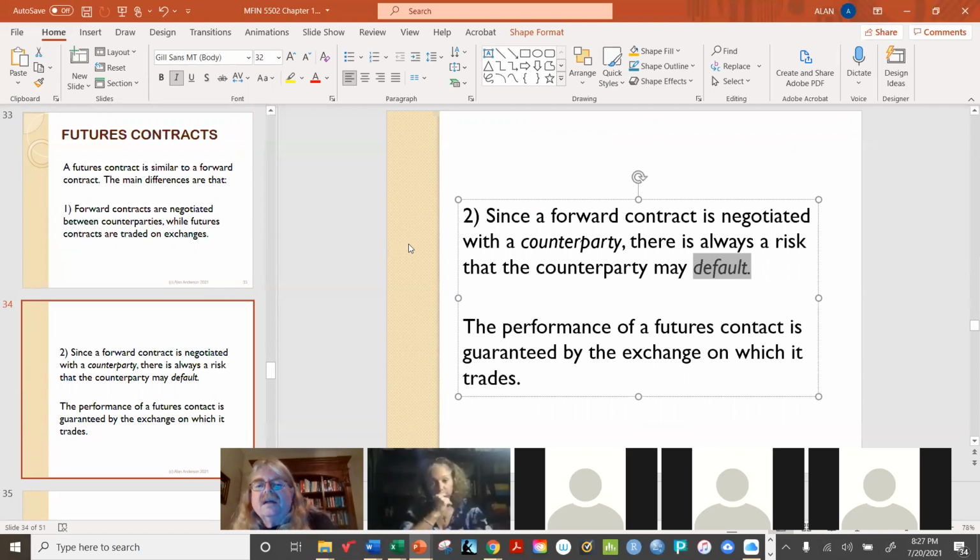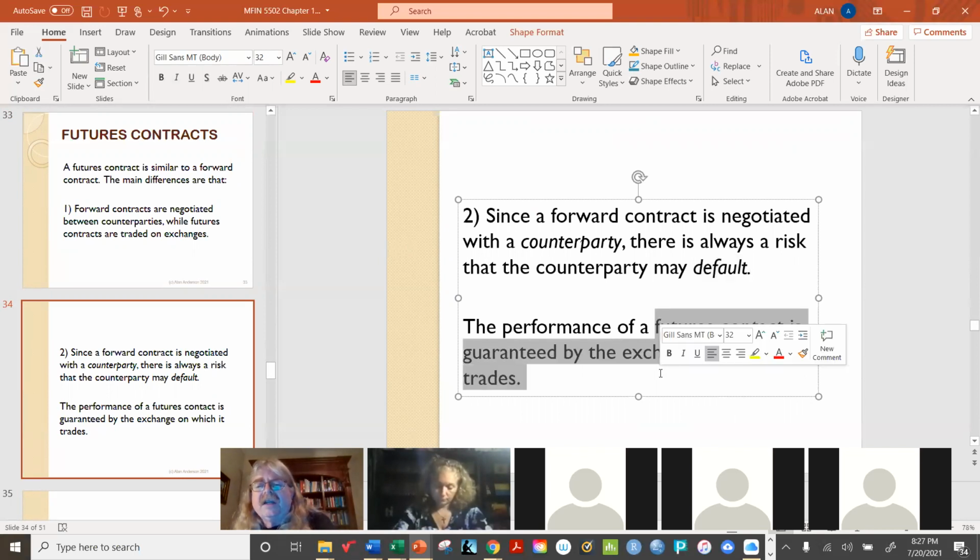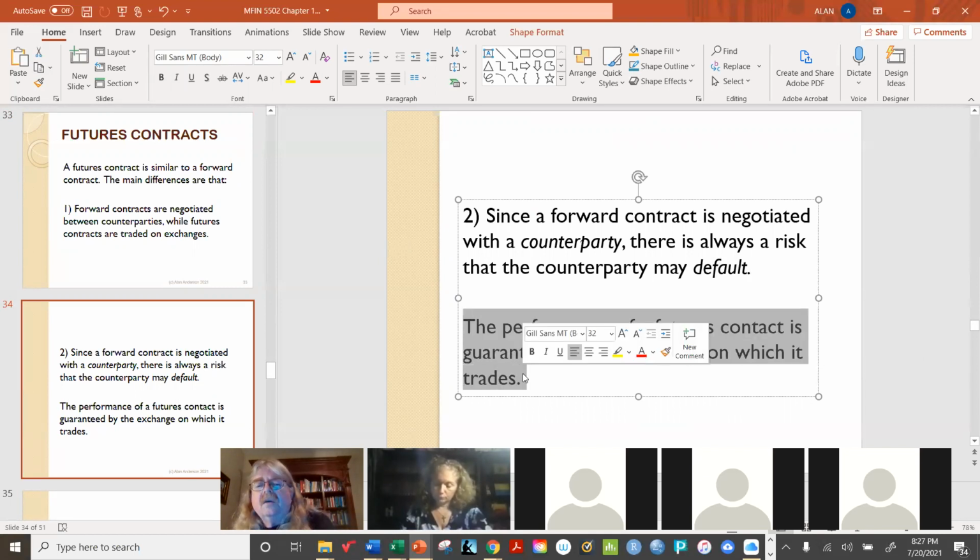There goes my contract. And that could lead me to significant losses. The futures contract, there's no risk because it is guaranteed by the exchange in which it performs. And the exchange is not going to go out of business. In fact, the members of the exchange put up money that the exchange can use in case it runs into trouble.